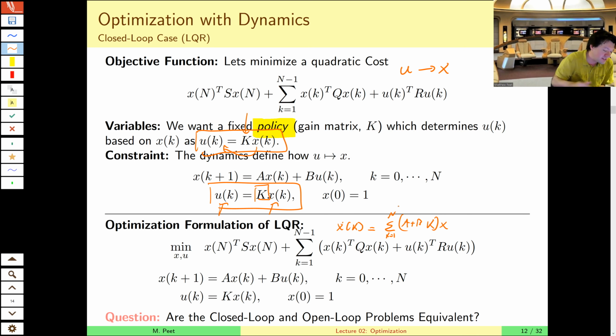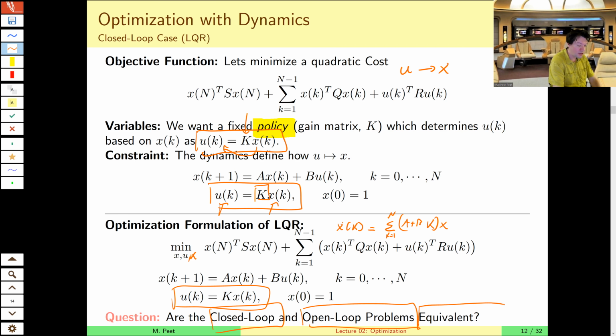So actually, in this case, we've added an additional constraint, that u is a static function of x, parameterized by the variable k. So actually, we should add the k variable in here. And what the principle of optimality says is that this is actually equivalent to the open loop problem. Closed loop and open loop problems are equivalent.